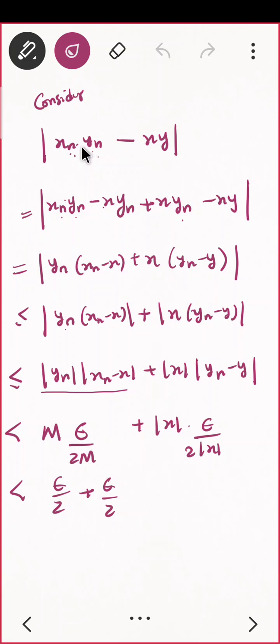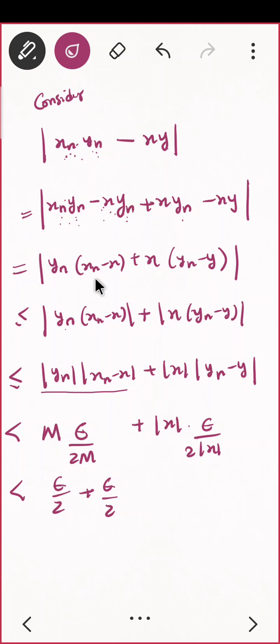So let me come back again. Consider mod of xn yn minus x. I don't have any method to go from here to here. So what I will do: I want xn minus x. I observe that this is xn, this is yn. So if I write the next term as x yn, then I can take yn outside, and then I'll have xn minus x.